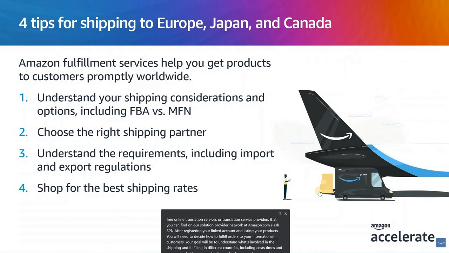Either way, this will involve choosing a shipping partner and understanding the requirements such as import and export regulations, which you'll want to discuss with your shipping partner. We recommend you make sure to shop around for the best shipping rates, especially if you don't already have a deeply discounted relationship set up with a shipping provider for your domestic operations that can be leveraged for your international shipping.